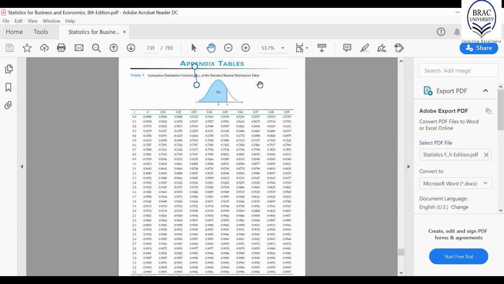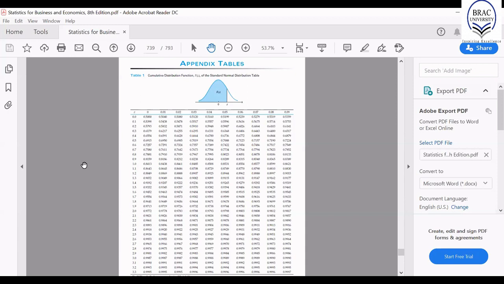Now, how do you read the table? On the first row, you see there are some numbers, and on the first column also there are some numbers. These numbers in the middle, these are all your probabilities.